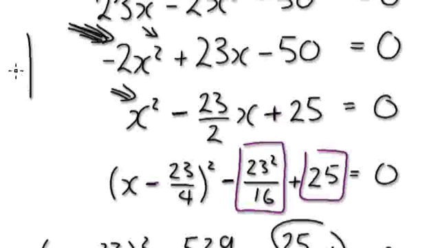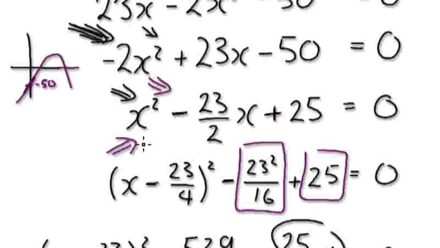This one would be minus 50, and then the gradient of 23, but then it wants to do the negative 2x squared, so our graph will look something like this. But rather than solving this, we divided everything by negative 2, so we decided to solve this instead.